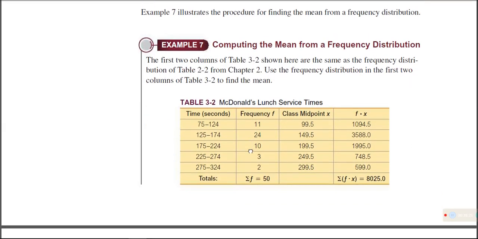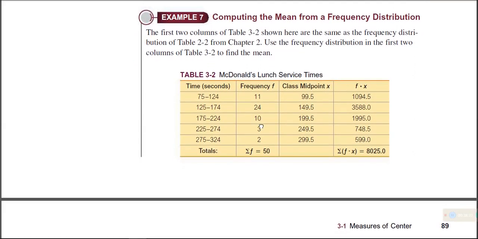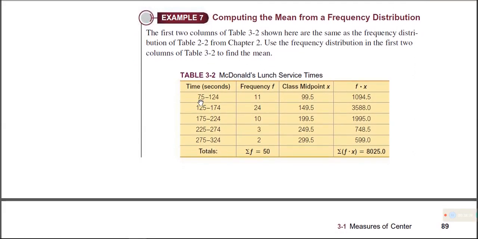Tandaan niyo pa ba kung paano kumuha ng midpoint? So, ang ginagawa natin dito pagkuha ng midpoint is lower class limit plus upper class limit divided by 2. So, bakit naging 99.5? Ang ating class midpoint for the first class.